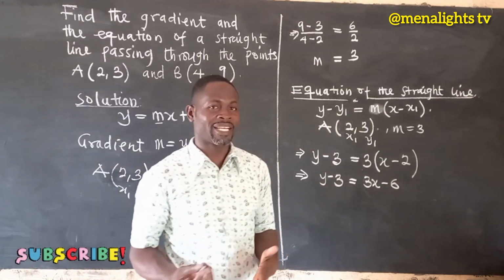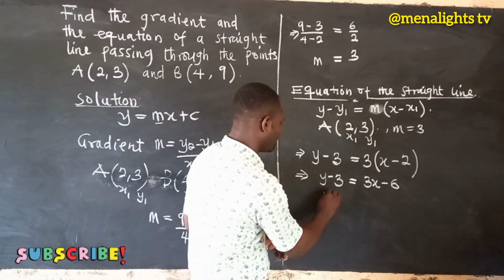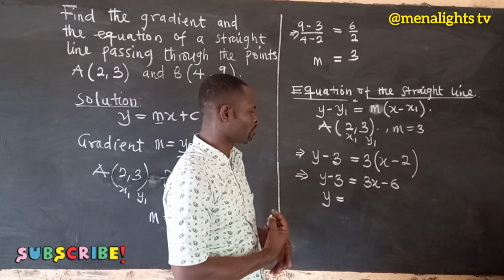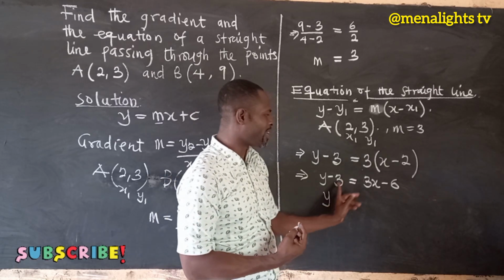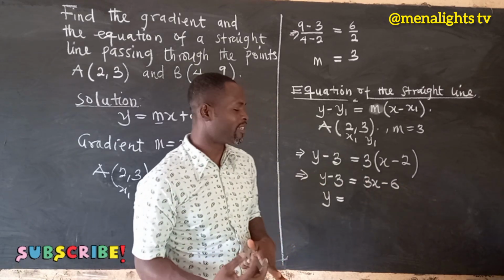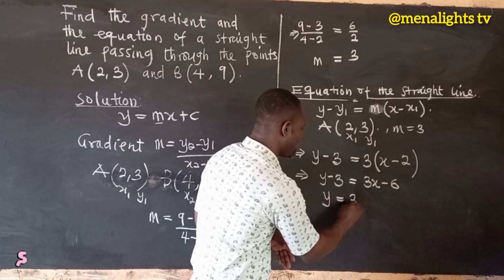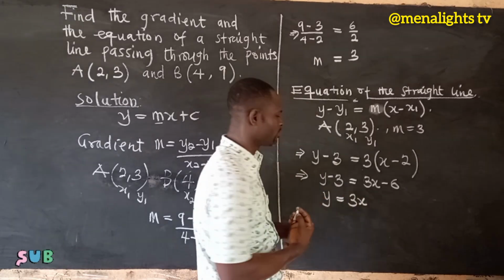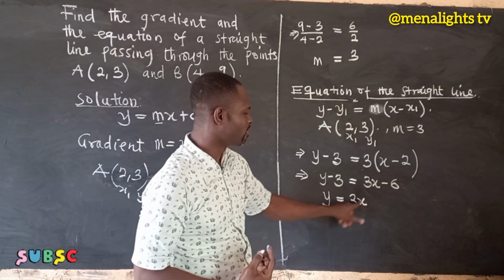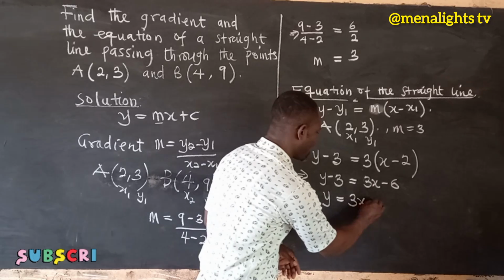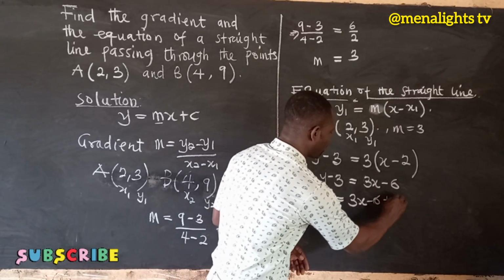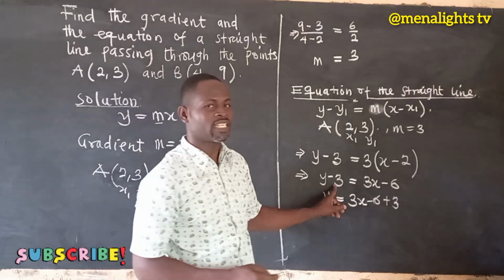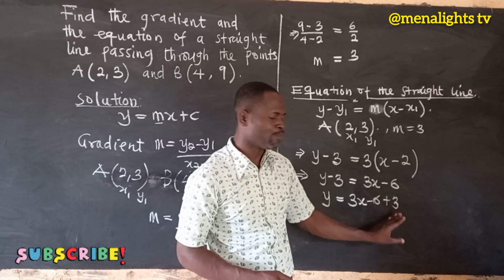Here we can group the like terms together. We have y equal to 3x minus 6, and the negative 3 goes to the other side, so we have plus 3. This is negative, and when it crosses over it becomes positive.